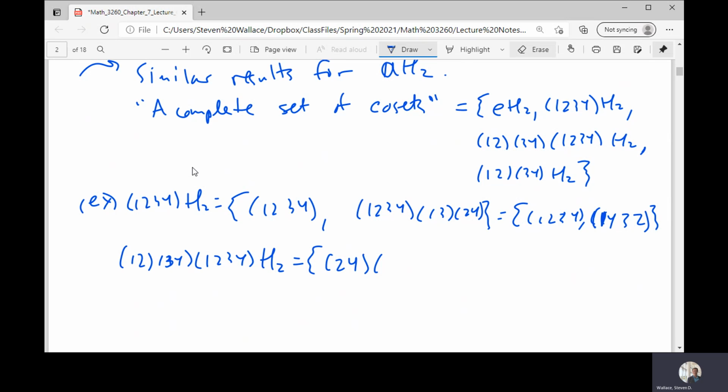That can't be right. I made a mistake somewhere. One goes to 2, which goes back to 1.